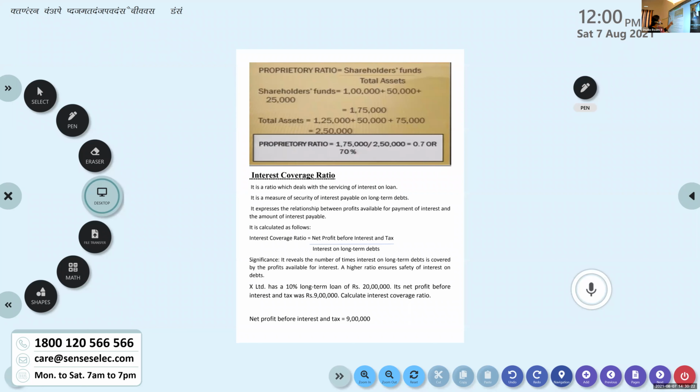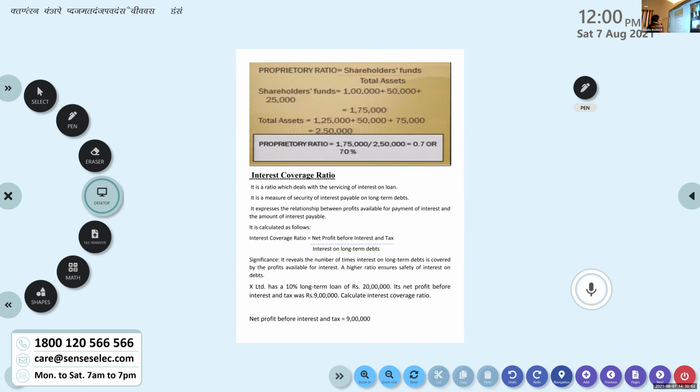So this interest coverage ratio helps us to understand whether the firm is able to meet its interest, whether it is possible for the firm to make the payment of interest. It is a measure of security of interest payable on long-term debts, whether there are sufficient funds to meet the interest on loans.